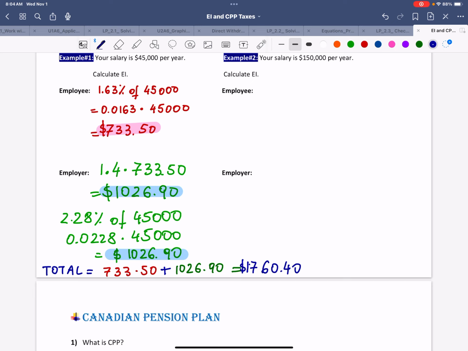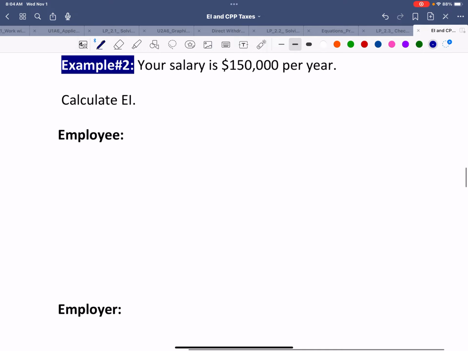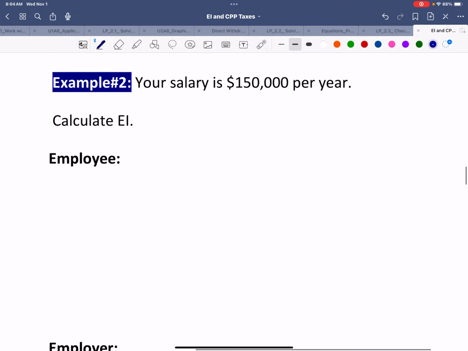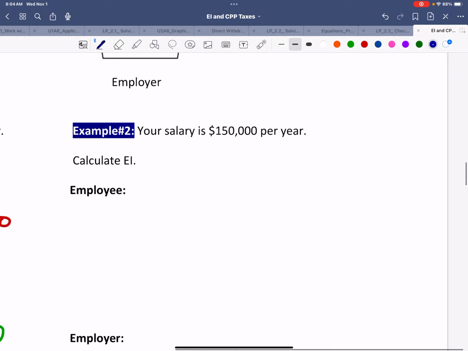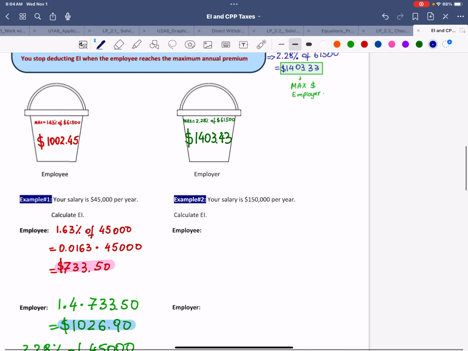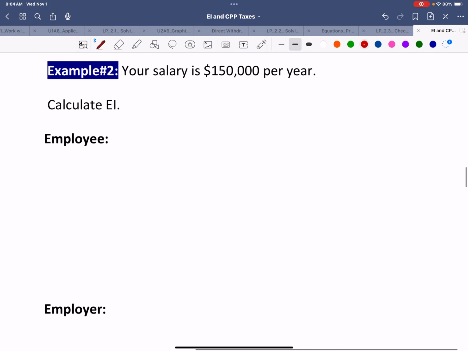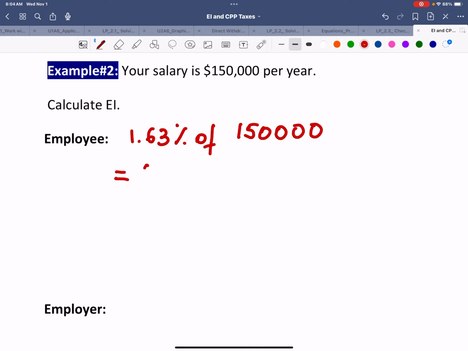Okay, now let's take a look at the next example. Now, in the next example, we have a salary of $150,000 per year. So the employee will pay, we said, 1.63% of 150,000, which means that this will be 0.0163 times 150,000.